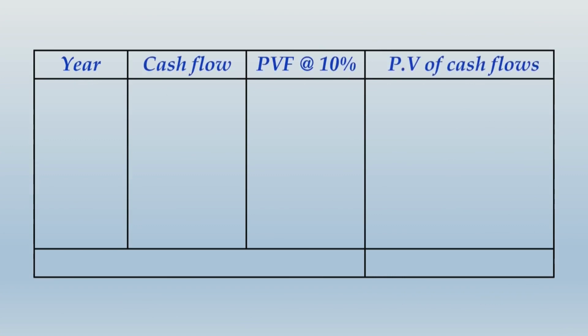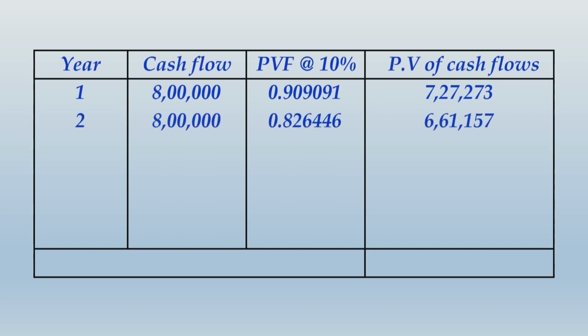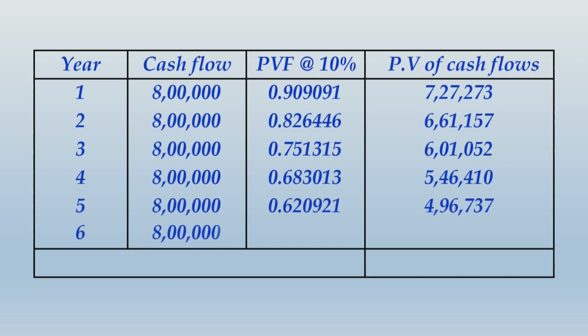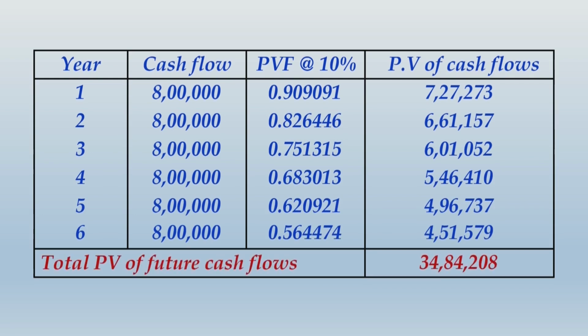So here what we do is, we make up a table and we start with year 1. The year 1 cash flow multiplied to its present value factor, year 2 cash flow multiplied to its PV factor, year 3 cash flow multiplied to its PV factor. When you keep doing this for each of the 6 years, by end of 6 years you get 6 different amounts of present values which can be totaled up, and that can be the total PV of future cash flows.